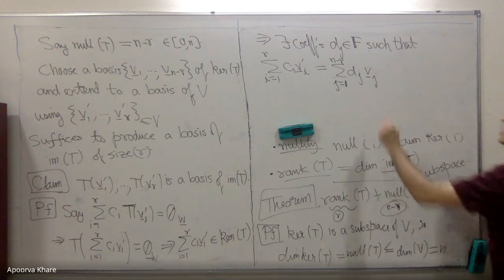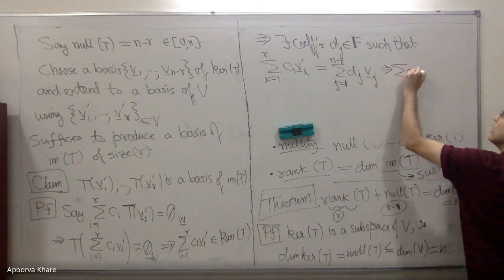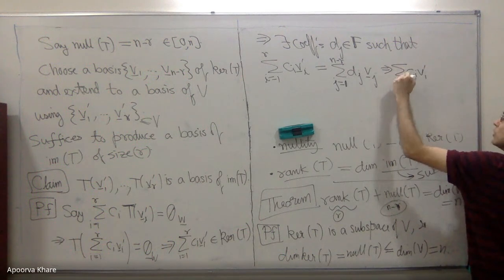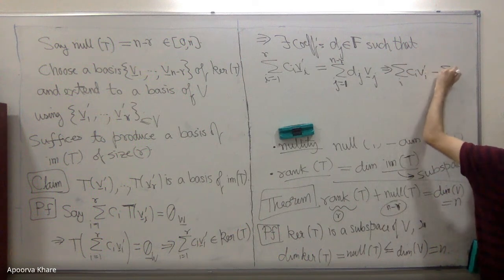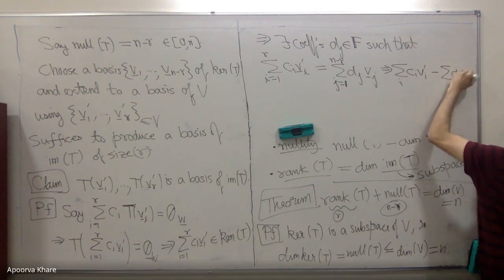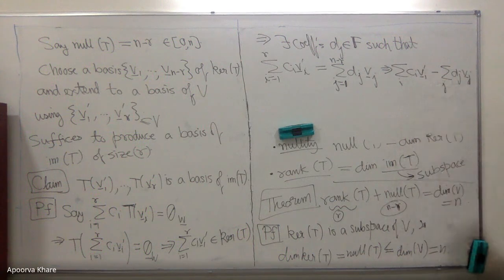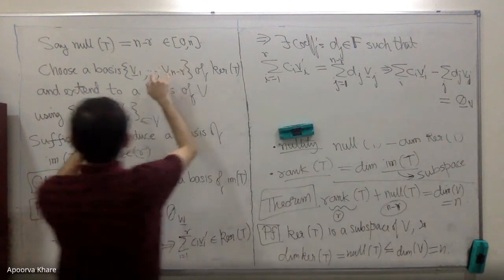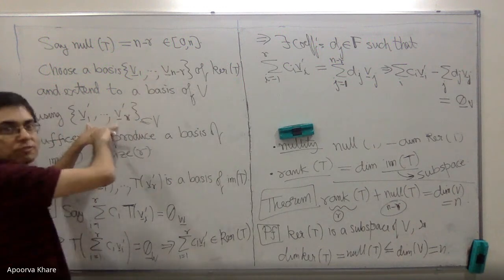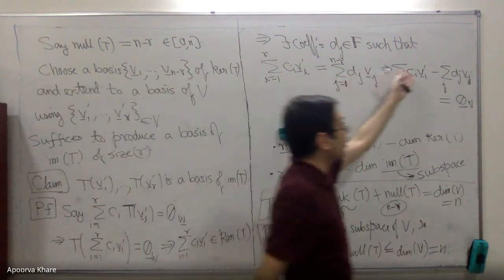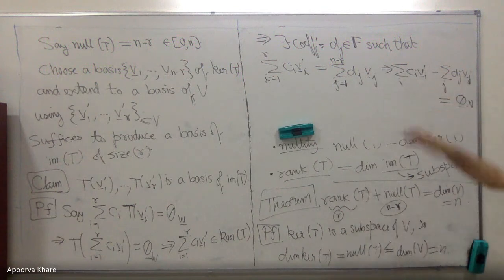And now subtract. There is no prime here on the vj. These are primes. And now this 0 is the 0 in the vector space V. But now what do you have? You have a combination of the v prime i and vj, and you saw that all of these together make up a basis of V. So this is a linear combination which is 0. Therefore, all the coefficients must be 0.